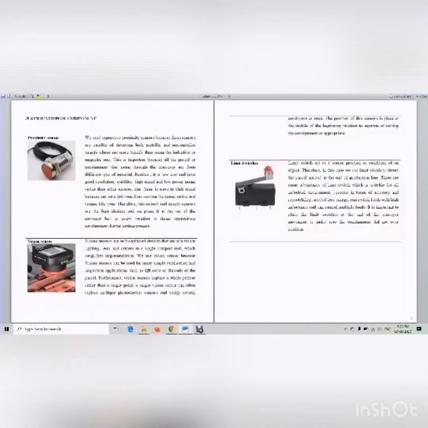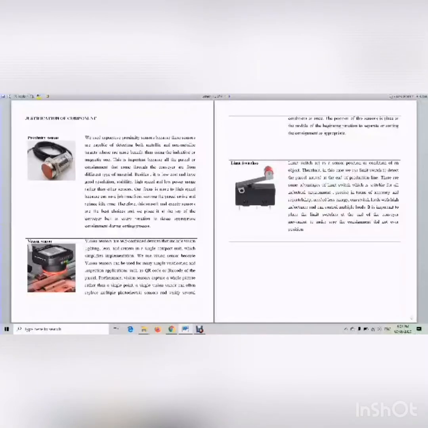Okay, I will start my presentation about the justification of the components. For our project, we use a proximity sensor. The proximity sensor is put at every junction of the conveyor. We use the proximity sensor because it can detect both types of material, which are metal and non-metal.